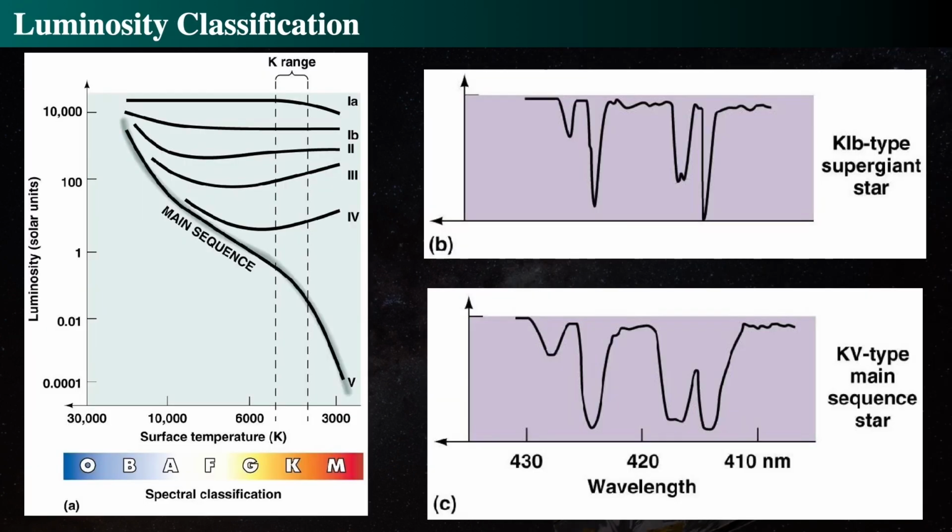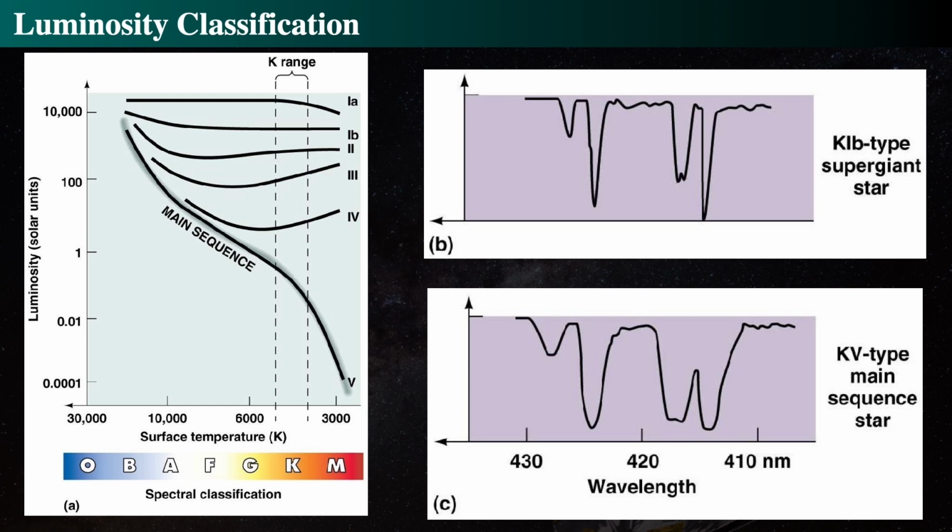All right, let's look specifically at K stars, which span the range from the main sequence all the way to the bright supergiants. If we look at a bright supergiant K star, the lines are extremely narrow. Compare that with the K1b, the supergiant variety, and the main sequence version. The lines are narrow because the star is puffy.